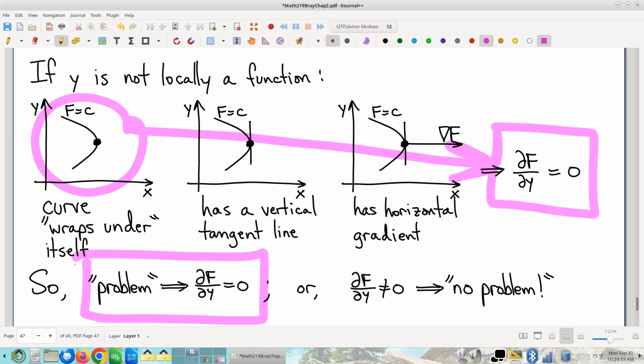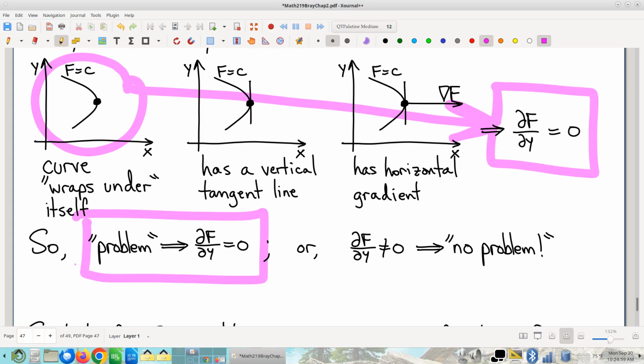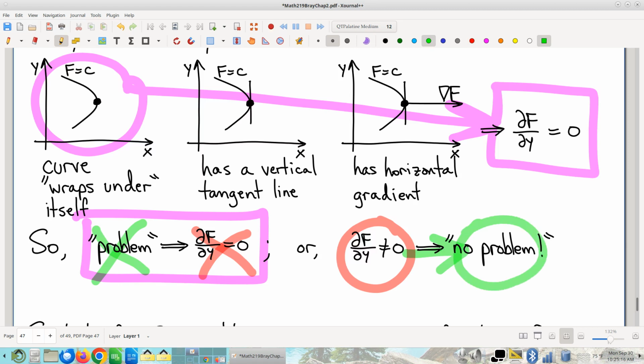And then we point out that, okay, well, I can turn this upside down and backwards by using the contrapositive, right? Very important construction, the contrapositive. The contrapositive then says, well, if that partial is not 0, then that must mean that there couldn't possibly be a problem, because if it were, then it would be 0. So therefore, no problem.